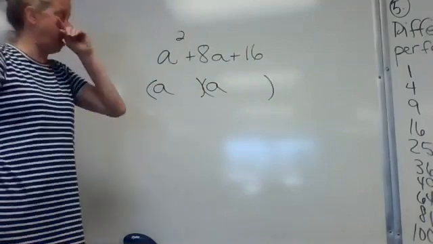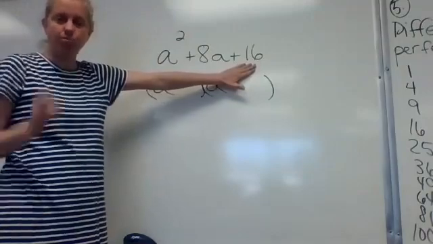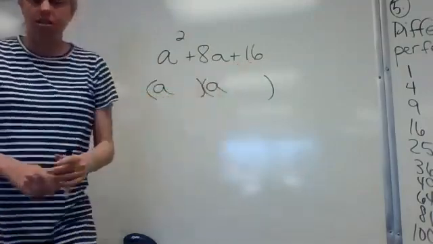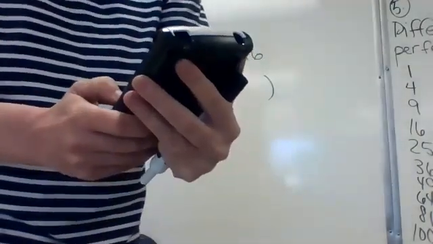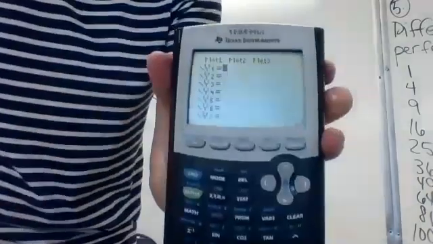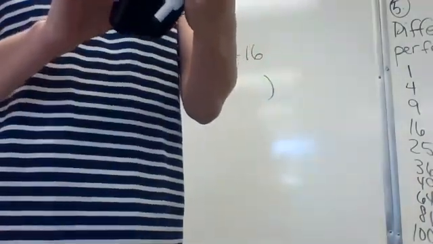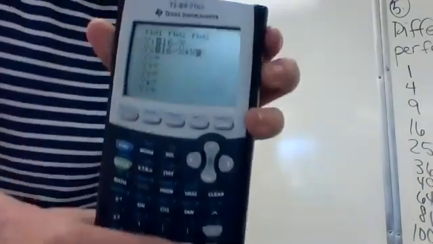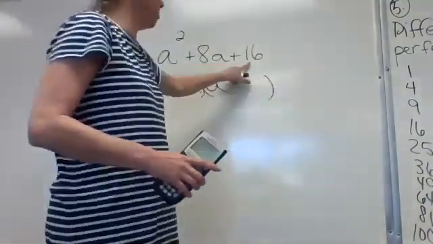Since I didn't multiply my outside numbers, this is the number you would put in your y equals. So if you went to your y equals and cleared it out, 16 is the number that you would put in there. 16 divided by x plus x. So we do the same thing, it's just that I use this number.